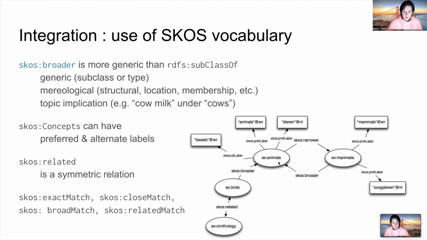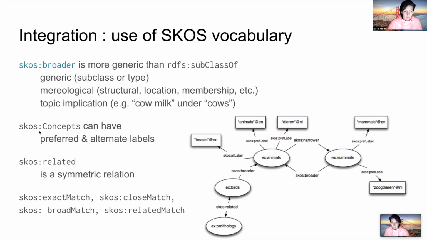So you can say here that animals is a broader concept than birds, and it's a broader concept than mammals. skos:broader also allows you to express meronymic information, like structural information, located-in information, membership, for example. And sometimes you will find it also to describe topic implication, like cow milk falls under the topic of cows.